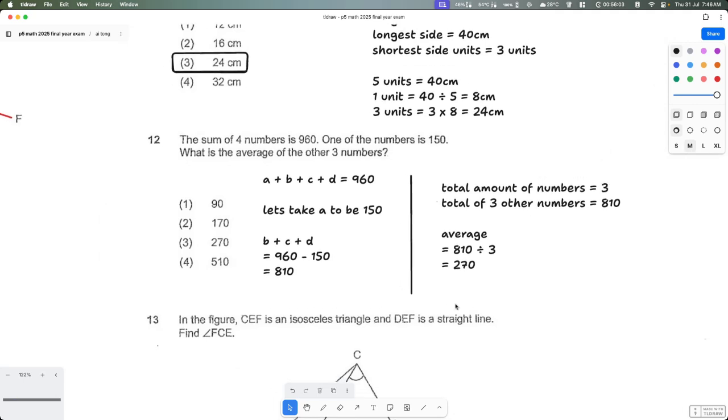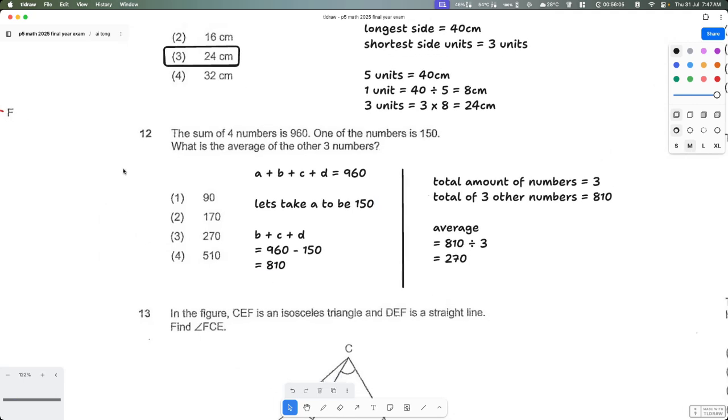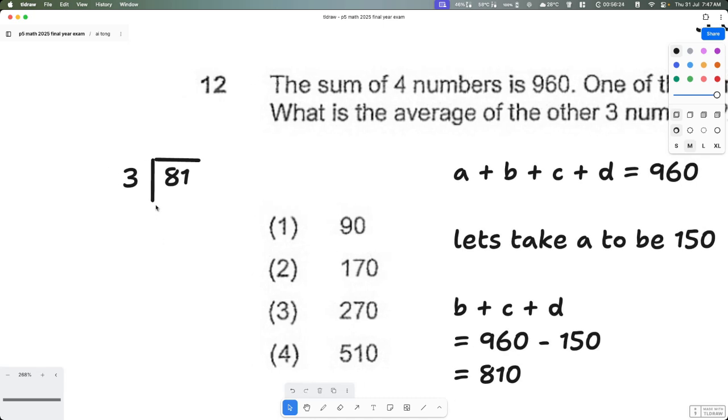If I were to do the working for this, 810, then we have the line, then we divide by 3. We can double confirm this. 8 minus 6 is 2, and this will give us 21.